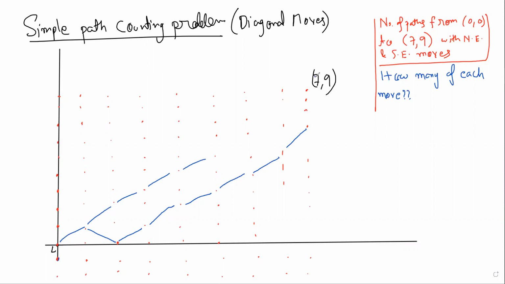This becomes 8. I think it is still not possible. If you keep going northeast, then by the time you make 8 moves, you will be reaching 8,8.